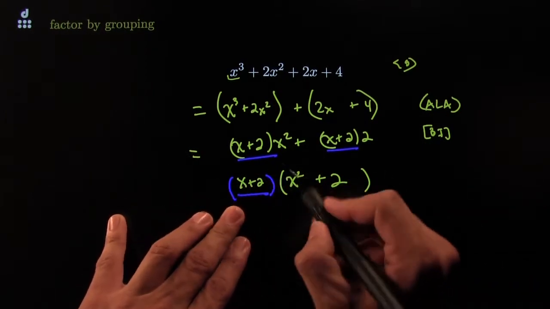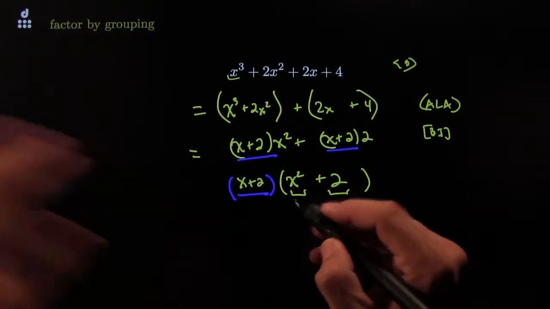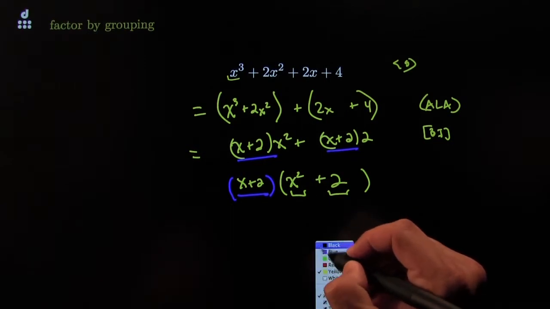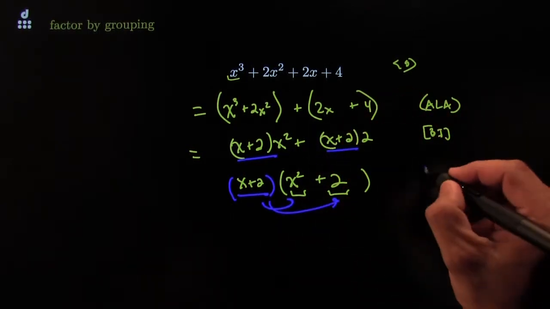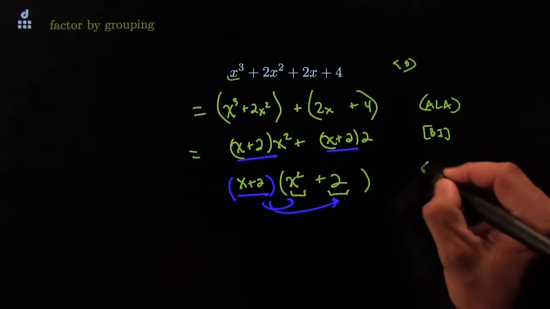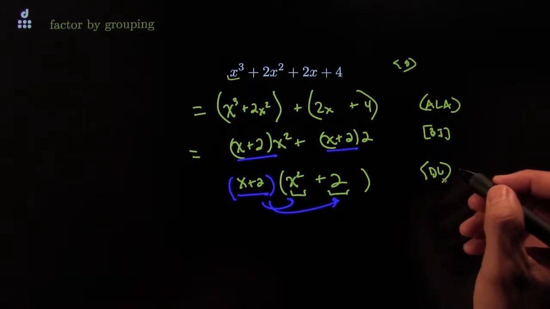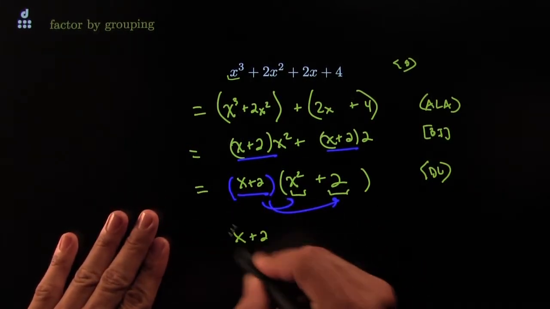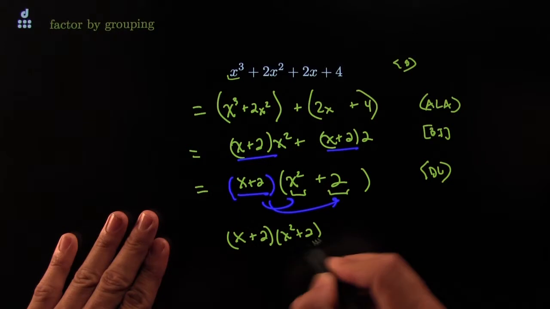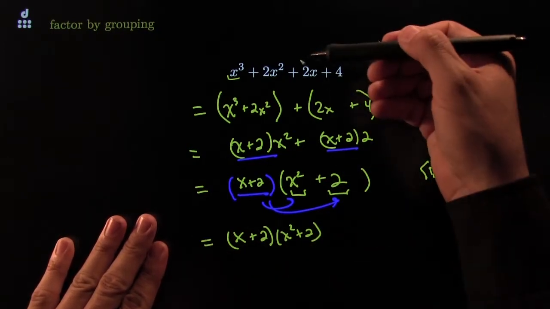If you were to distribute it to the 2 items, you would get precisely the previous step. That justifies it by the distributive law. Now you've factored it. X plus 2 times x squared plus 2 is in fact the original expression.